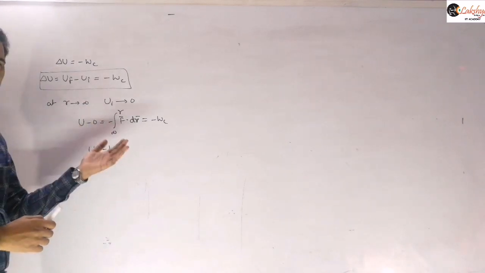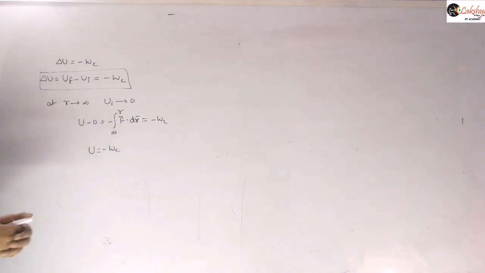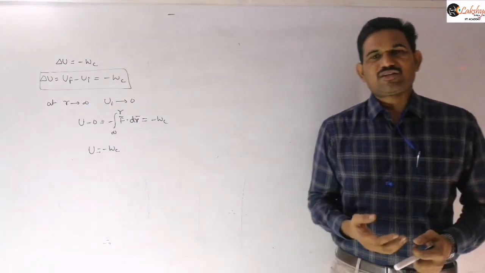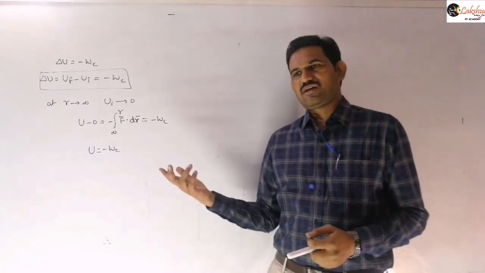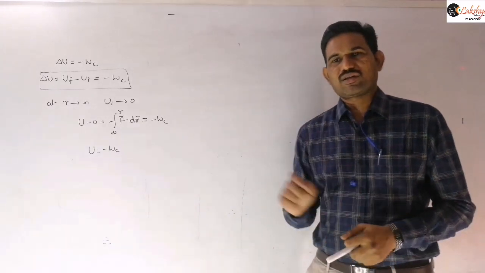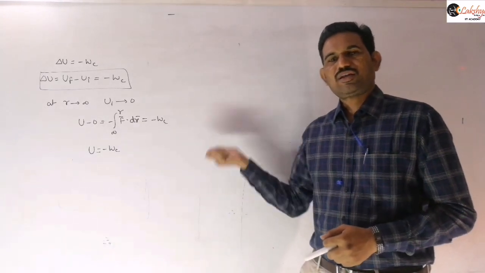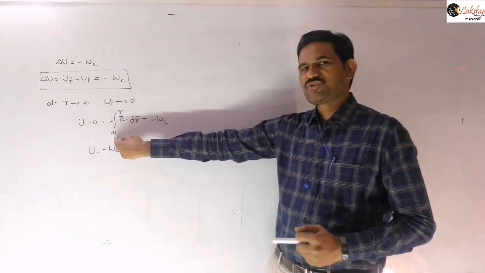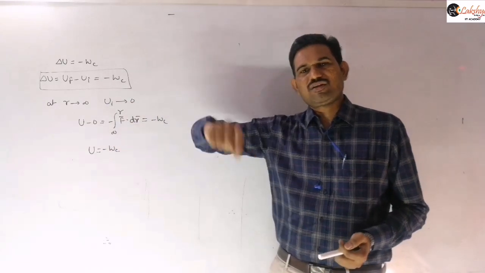When you take infinity as the reference for potential energy, then the potential energy at a position is the negative of work done in bringing the particle from infinity to that position r.